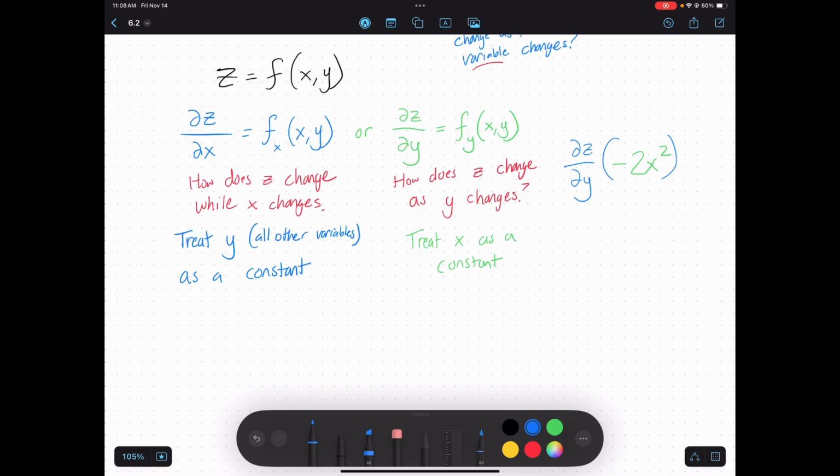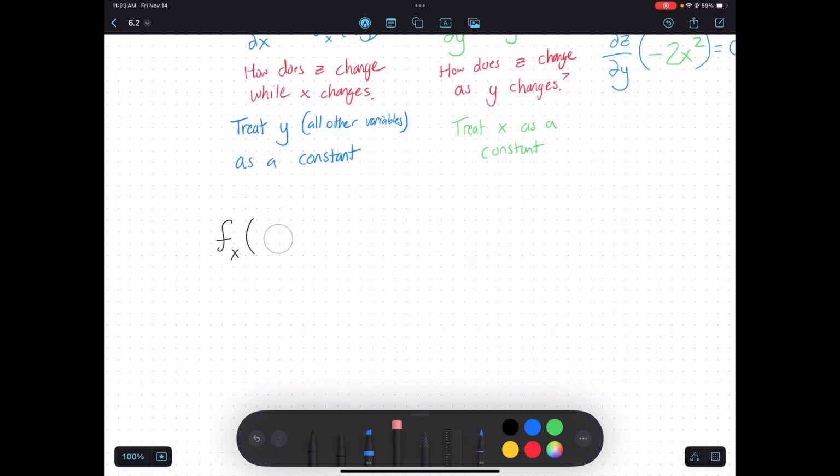And since x isn't changing, we're treating it as constant. What's the derivative here? This derivative would just be equal to 0, even though it contains a variable. Why? Because we're treating x as a constant. So that's how these partial derivatives work. We're going to take the derivative in terms of one variable, treating everything else as constant, as if it's staying the same.